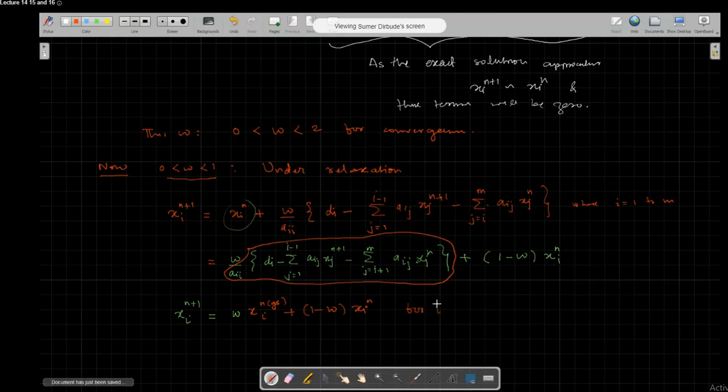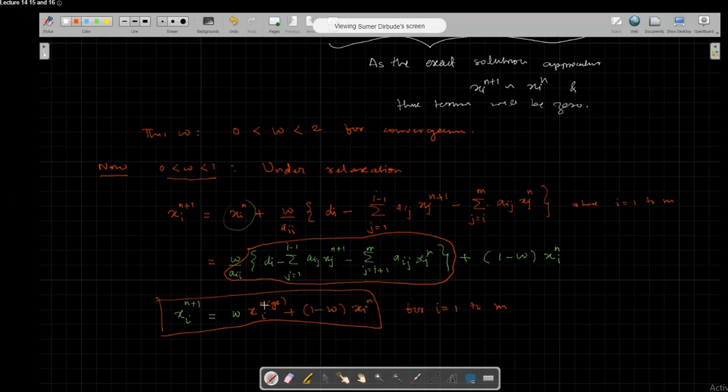So you see, in general, the relaxation method is like you multiply the Gauss-Seidel solution by omega, and you add a correction here, which is 1 minus omega times x_i^n.